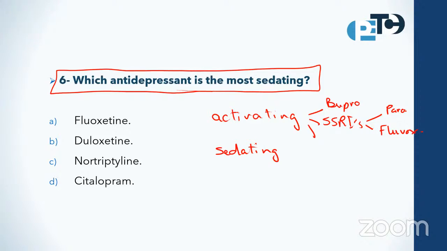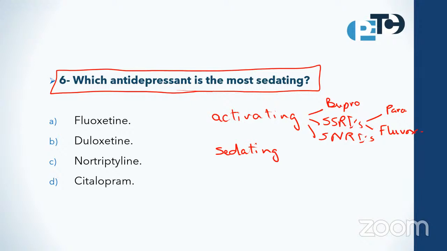And the third group is SNRIs, all of them: venlafaxine, desvenlafaxine, milnacipran. All of them are in the activating group, while others are in the sedating group. We have many drugs causing sedation with a high effect, like trazodone, but trazodone is not present here.